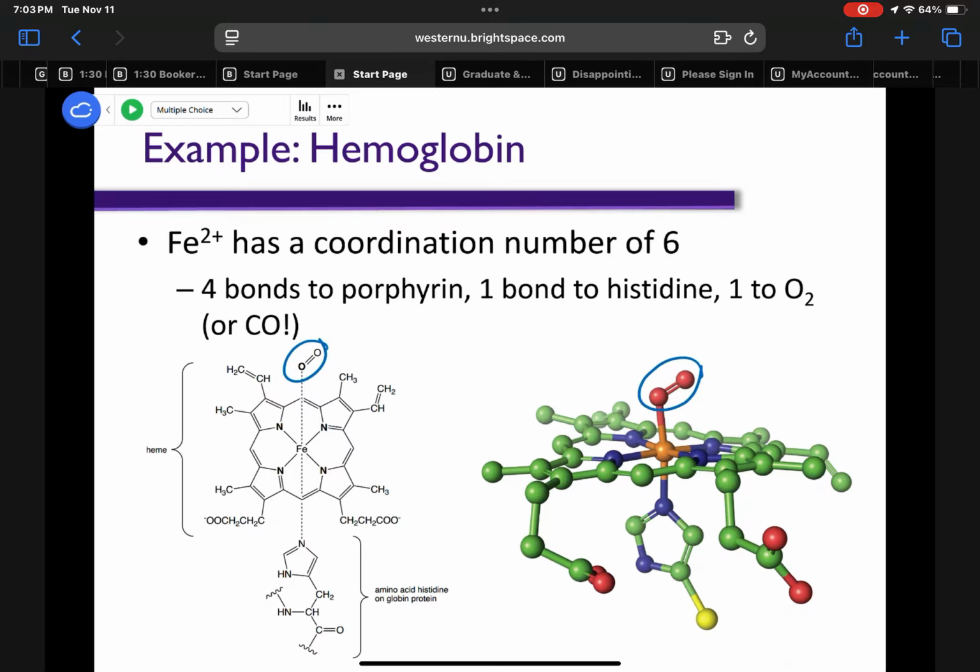And then below, it can bind to an amino acid in the hemoglobin protein to make up a coordination number of 6. So 4 from the porphyrin, and then when we flip it sideways, we have the up part to the oxygen and the down part to our protein. So coordination number of 6, making that octahedral complex around the iron cation.